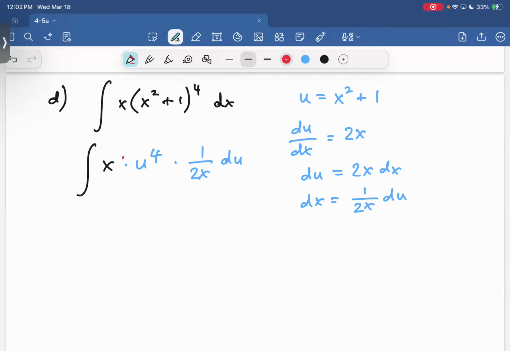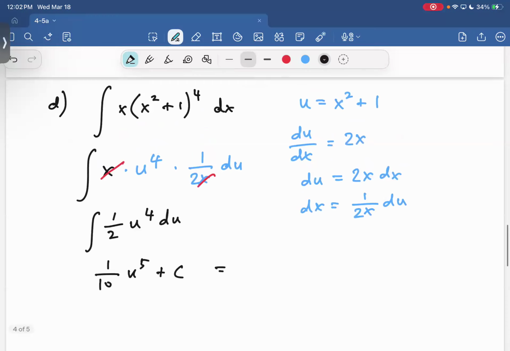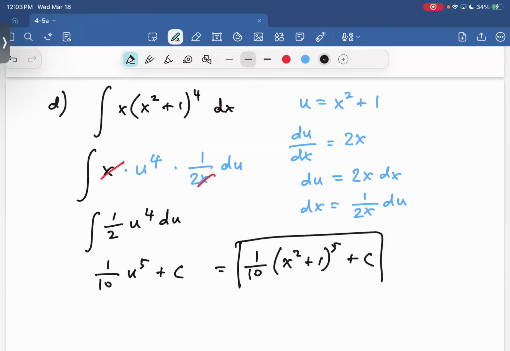You see how the x cancels out? So you want to be very clever in how you do this and choose something that will help you cancel out things. This ends up being 1/2 u to the 4th du, which becomes 1/10 u to the 5th plus c. And that would be the final answer.